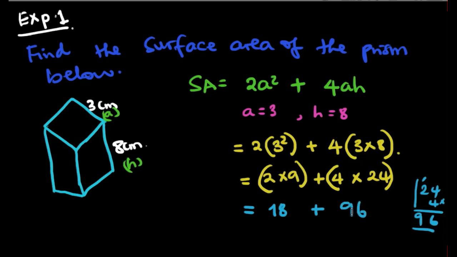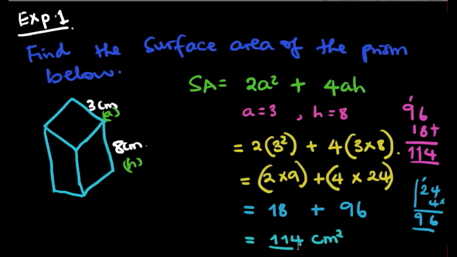So we get 96. What about if we get 96 plus 18? 6 plus 8 is 14, we carry 1, and here we get 11. So we get 114 square centimeters.